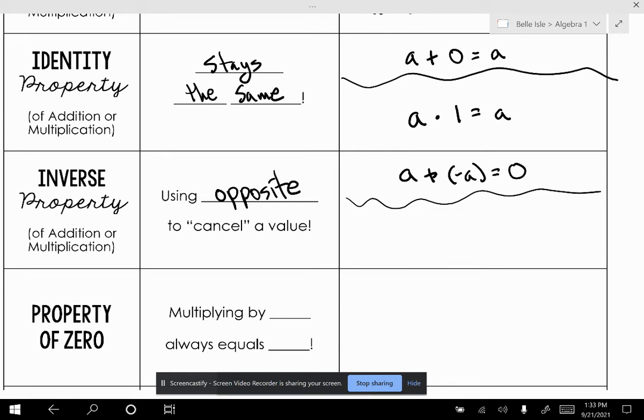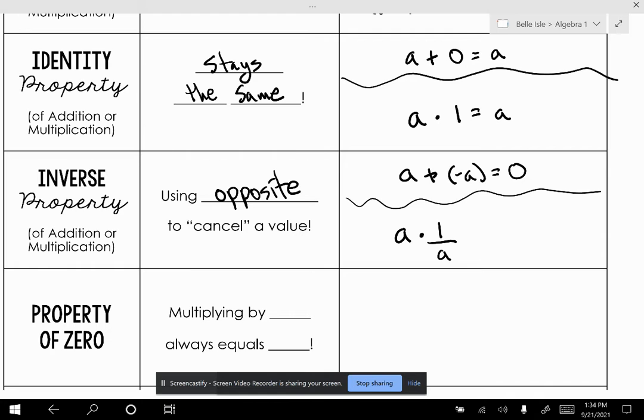Same thing with multiplication. If we are using a, what are we multiplying that's going to cancel out a value? So we're going to use the inverse. Do we remember what the inverse of a would be? Because again, we're working with multiplication. We don't necessarily want it to go down to 0. If we did a times negative a, you would have negative 2a, right?